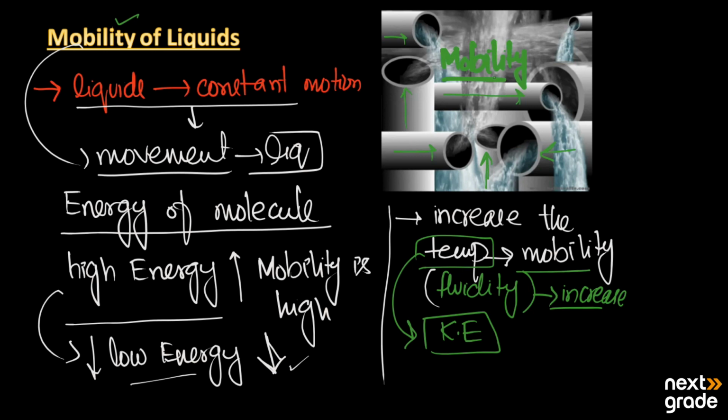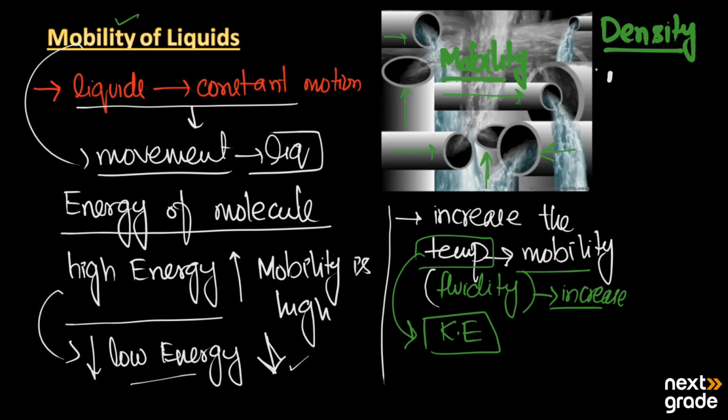So simply, diffusion and mobility are the main properties of gases as well, due to their kinetic energy or the movement of the molecules. Next, we talk about the density of gases and the density of liquids. In the previous lesson, we learned that gases are less dense.